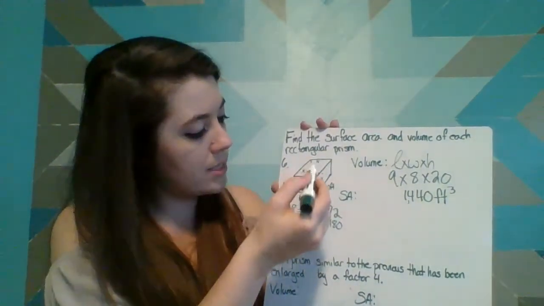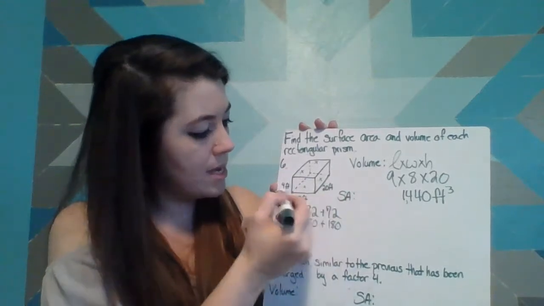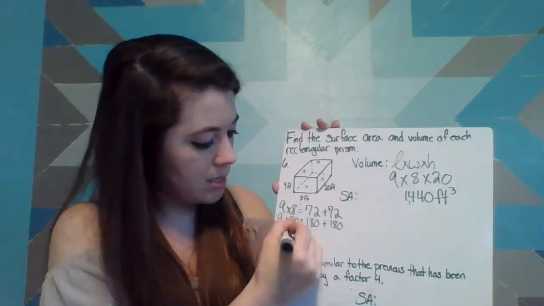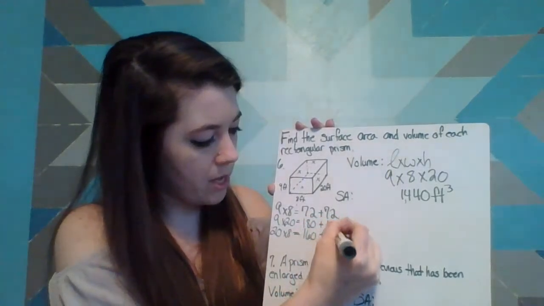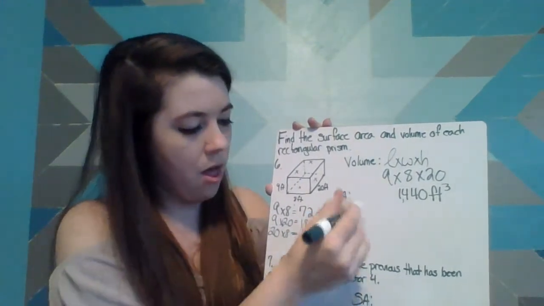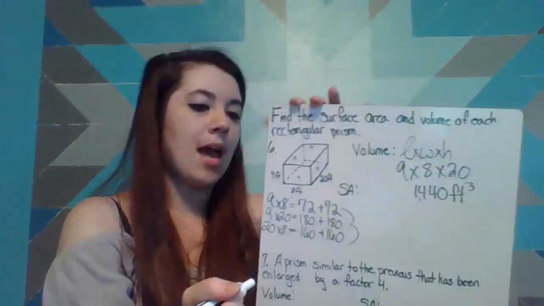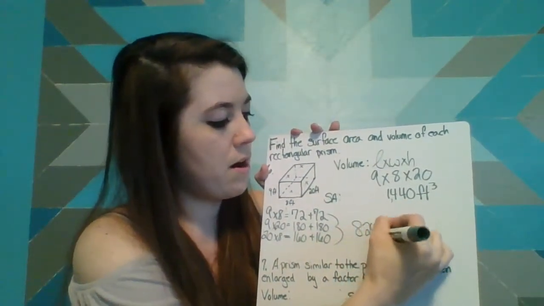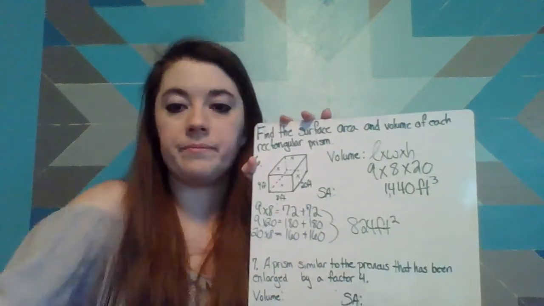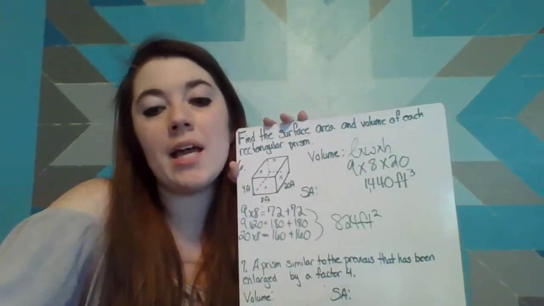And then the top and the bottom, so a 20 by 8, so 20 times 8, which gives us 160 plus 160. We add all that together, and we're going to end up with 824 feet squared. So that is our surface area.